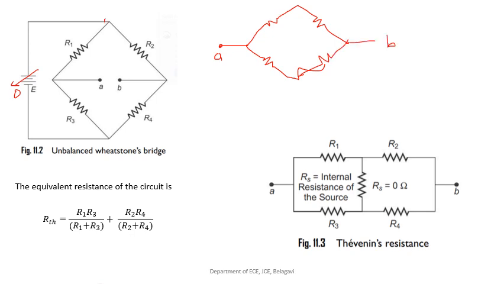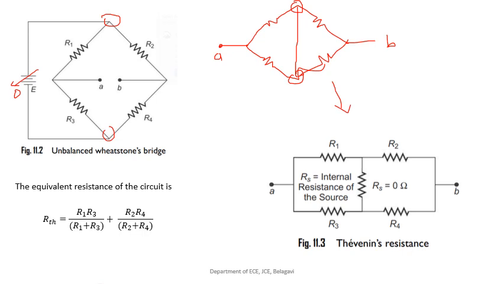Now this voltage source I have made 0, which means it will act as a short. So there is a short between these two points because of that voltage source. The same circuit is given here.